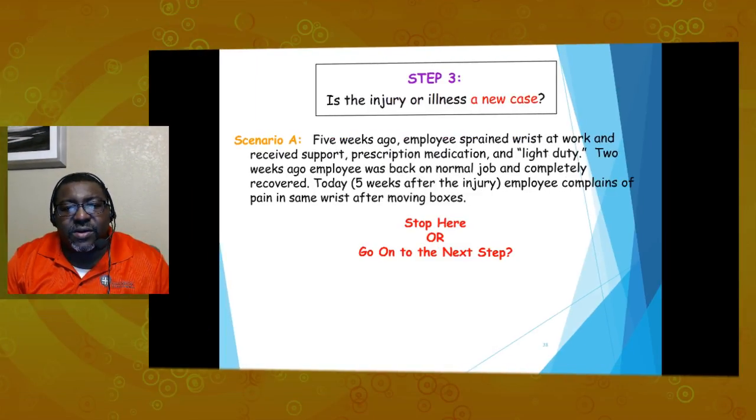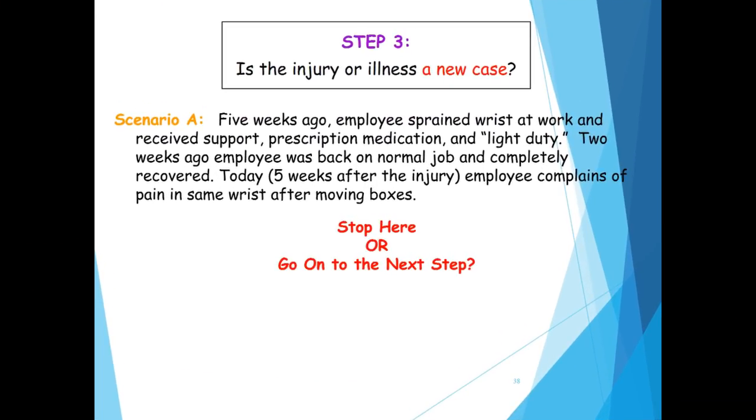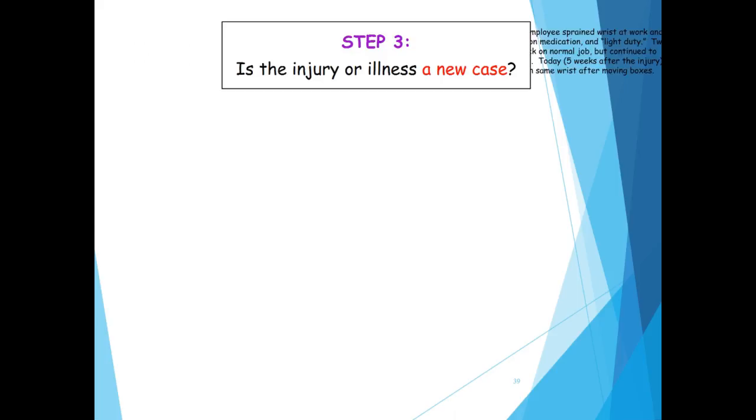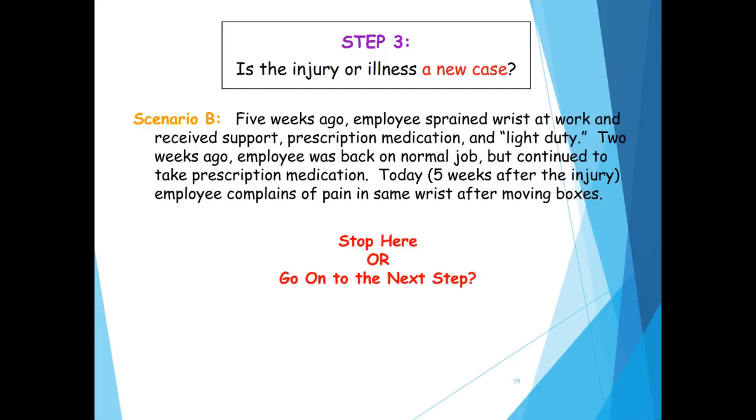So here's a worker that is completely recovered, but they're on light duty, and now 2 weeks later, after being completely recovered, they injure the same body part. So now that one will count as a new injury. Same situation, slightly different, where the worker is still taking prescription medication and injures the same body part, the wrist.